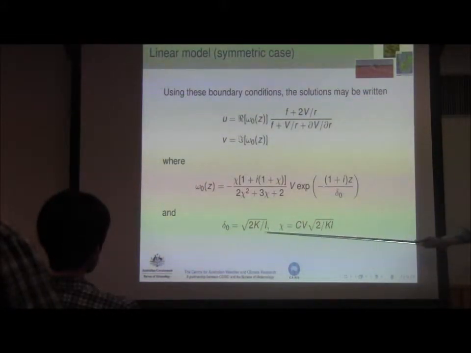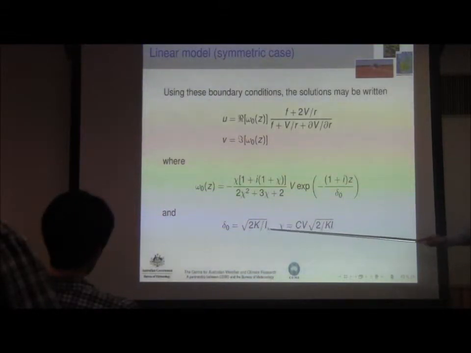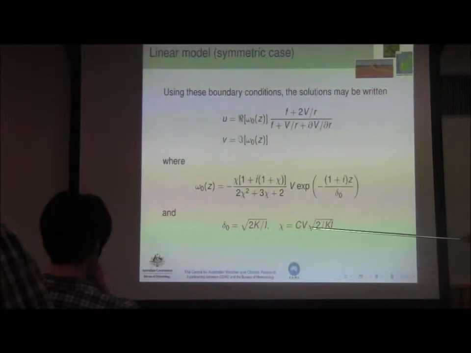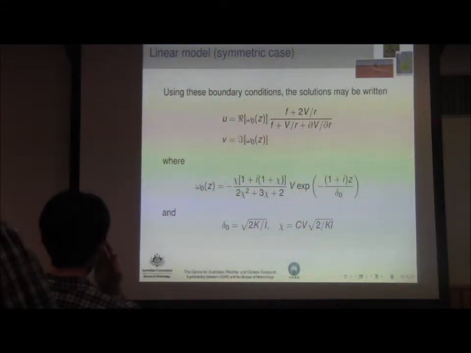Delta naught is a height scale, 2K on I. If we were doing the Ekman spiral, that would be 2K on f. So we've got a modification there. And chi is this dimensionless number, which is given by this formula.